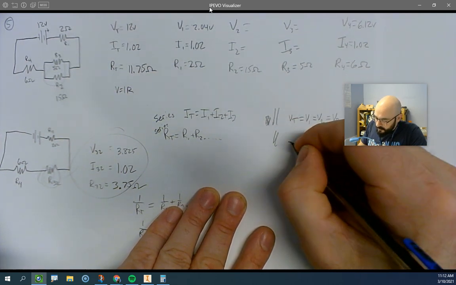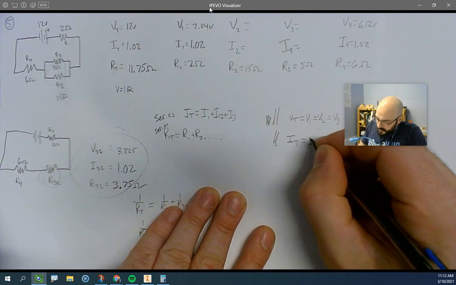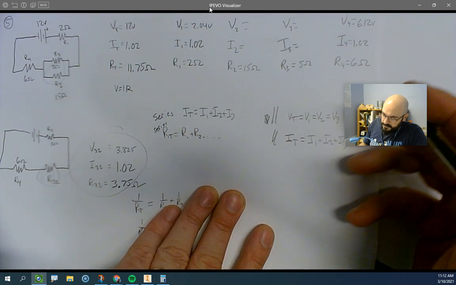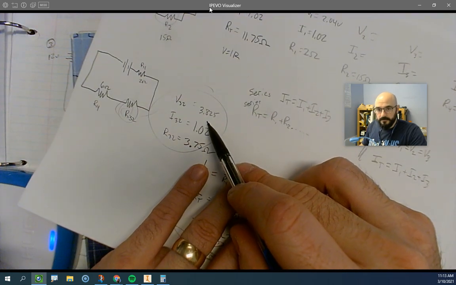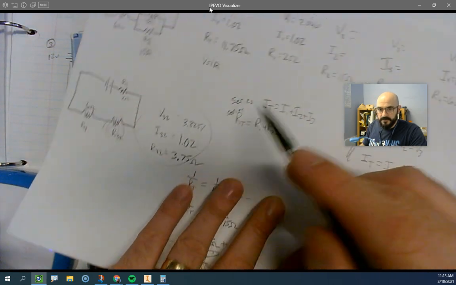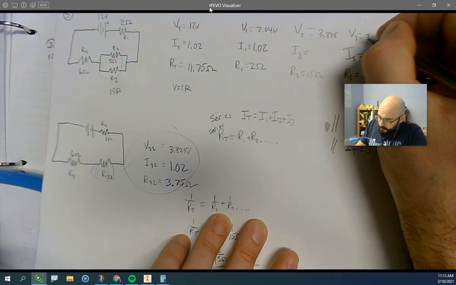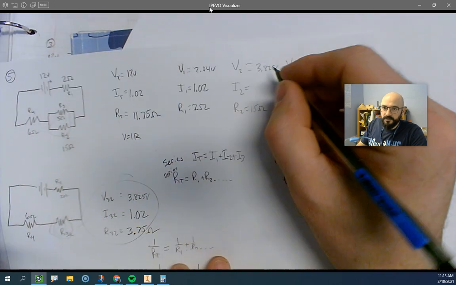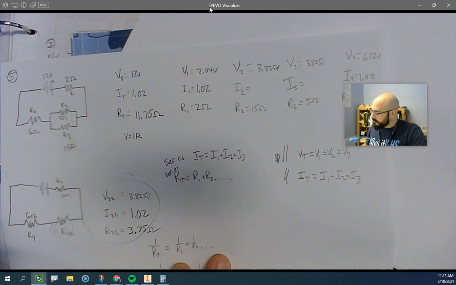Current total equals I1 plus I2 plus I3, and so on. So here I have my V32, 3.825 volts. They both get the same voltage, 3.825. That's a V. And now I just do my math.